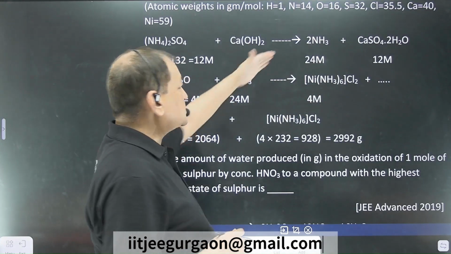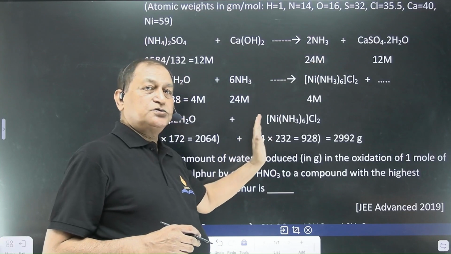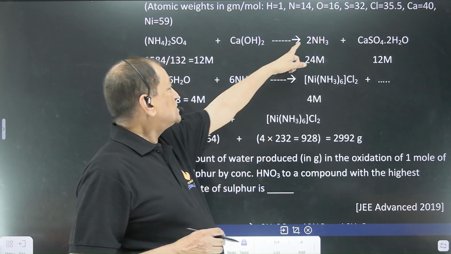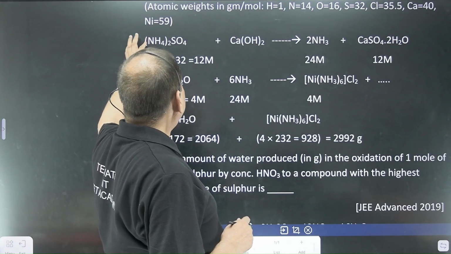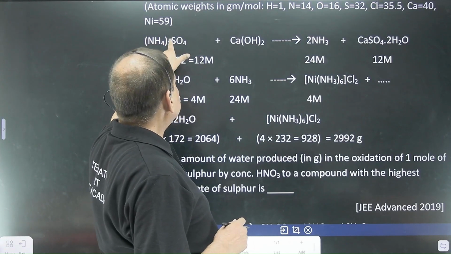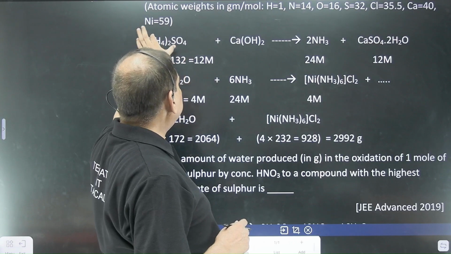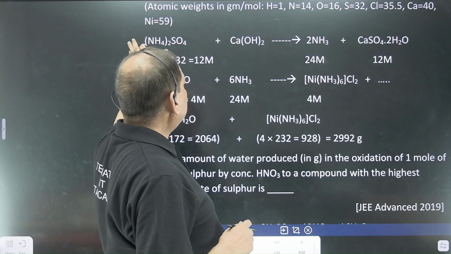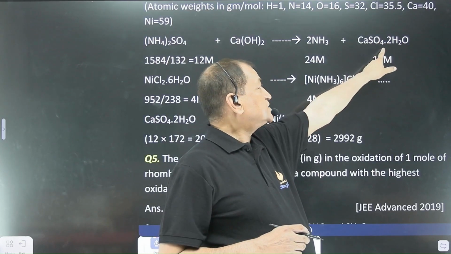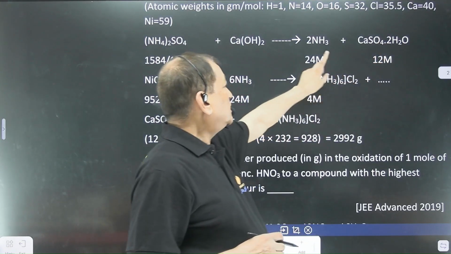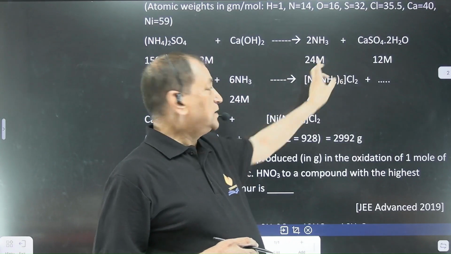Now as the question says, and as the reactions also show, this 1584 gram of this compound, this molecular weight is 132, that means 12 mole. So 12 mole of this gives 12 mole of this gypsum, calcium sulfate, and 24 mole of ammonia.